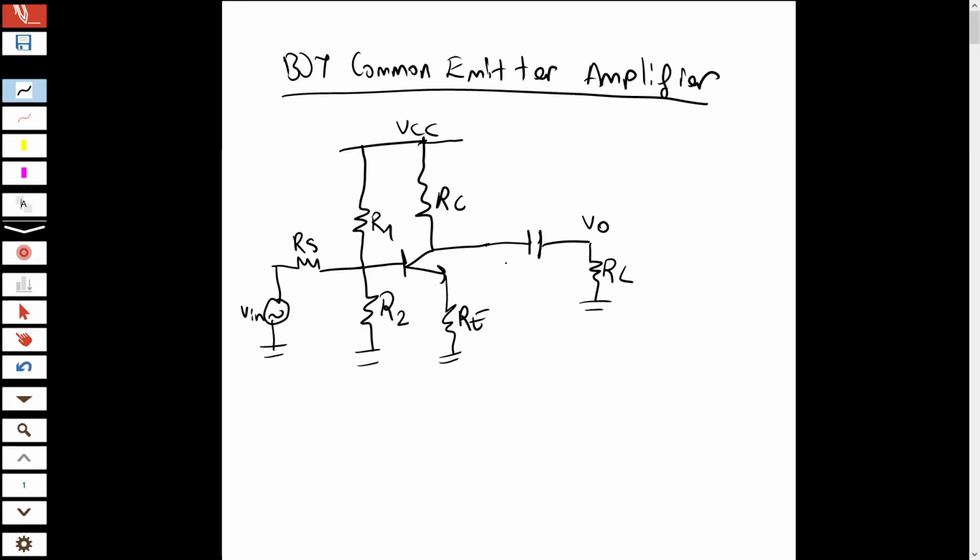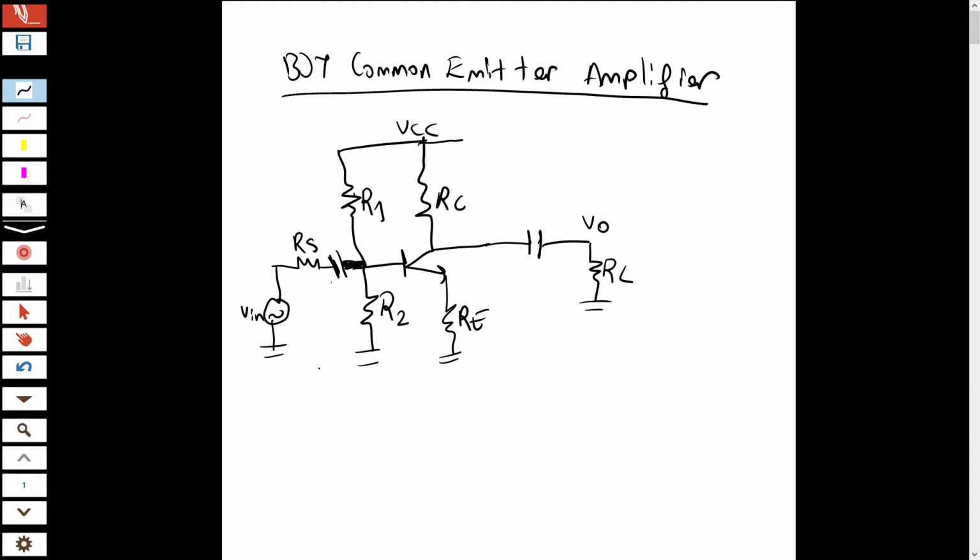So what do we mean by blocking DC? Also there is a capacitor here. These capacitors will not pass DC signal.